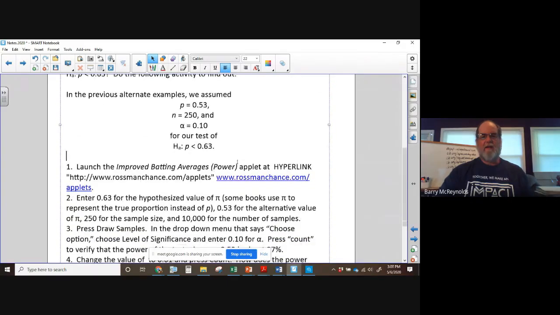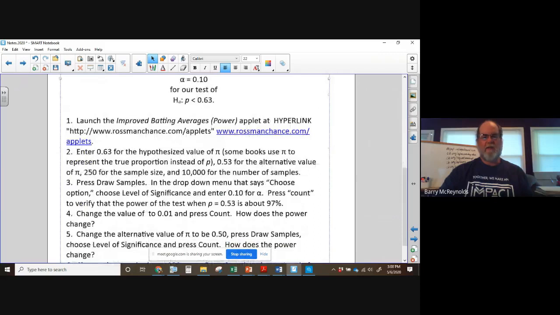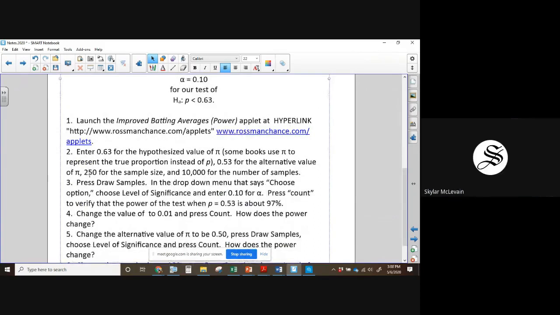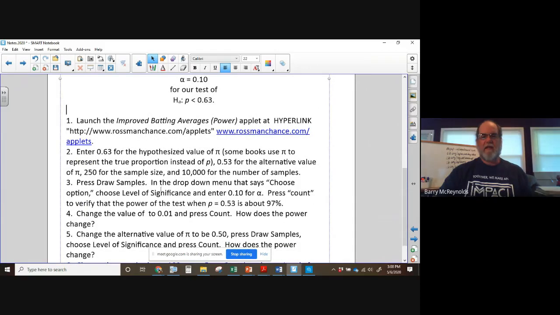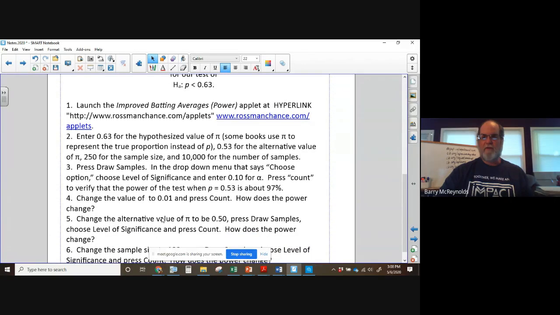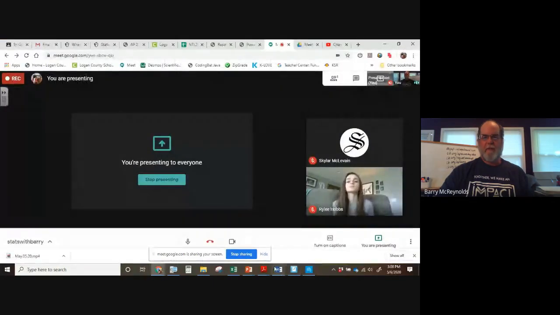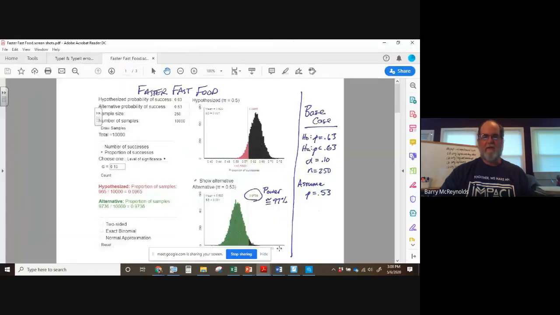And then we looked at various scenarios against that. We looked at just the base case assuming a true value of 0.53, and we went through a variety of those scenarios. So let me pull up, I'm going to send you some screenshots from what we looked at yesterday.